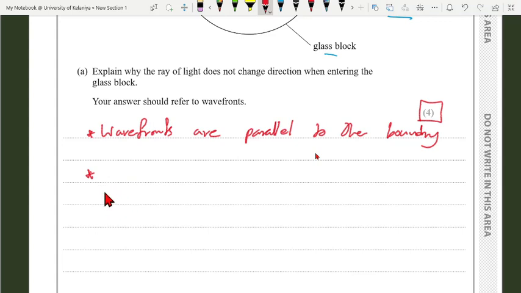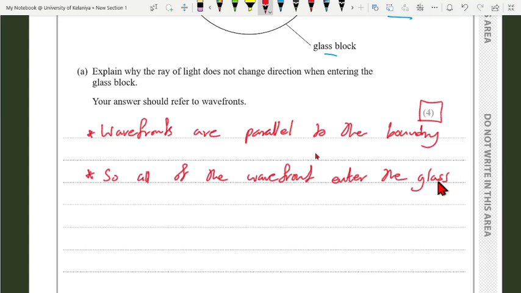All the points on the wave, or all of the wavefront, enter the glass at the same time.